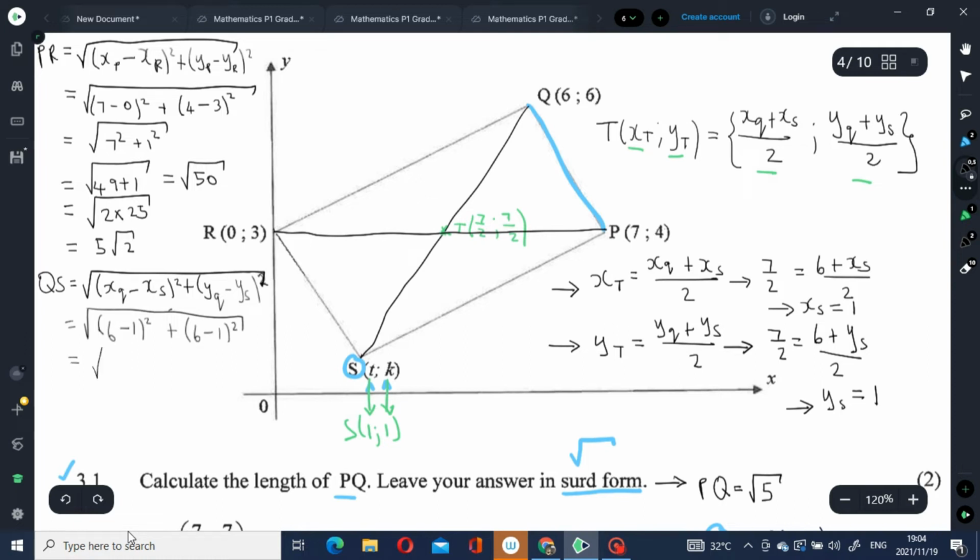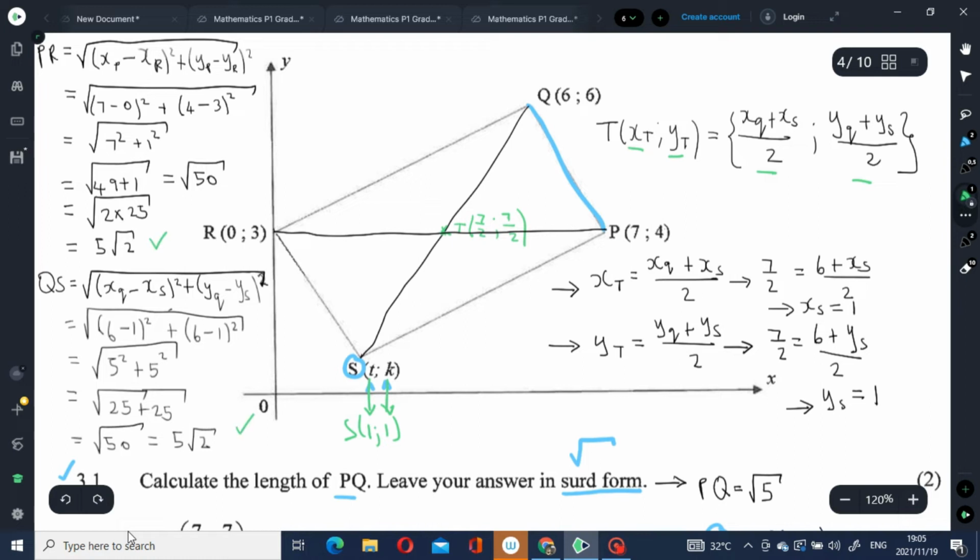So this is equal to the square root of 5 squared plus 5 squared, which is equal to 25 plus 25, square root of 25 plus 25, and that is the square root of 50, and we see on top that the square root of 50 is 5 root 2. So therefore PR is equal to QS, which is equal to 5 square root of 2.